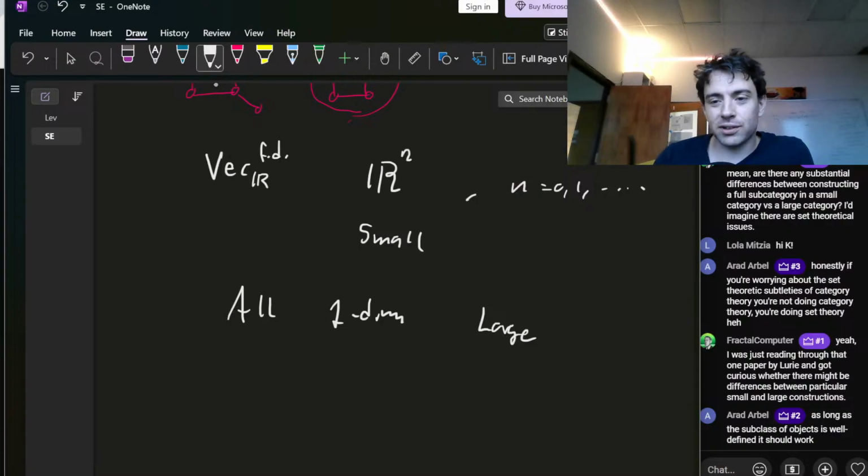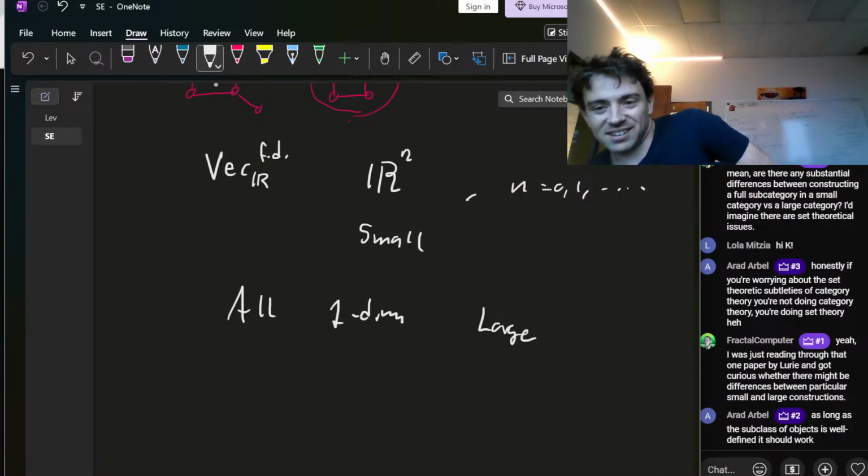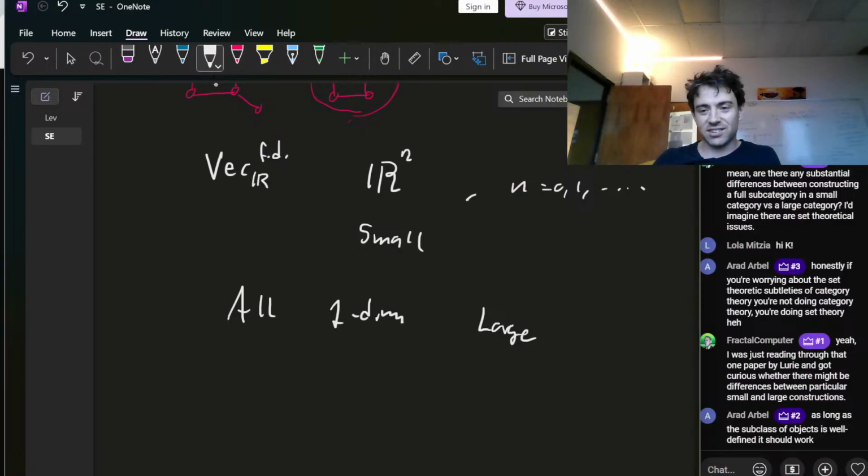I don't know to what extent I agree with your comment, Rad, because these things aren't so easily disentangled. People like to talk about how these are very different things, but in category theory, there are proposals for purely category theoretic descriptions of the category of sets.